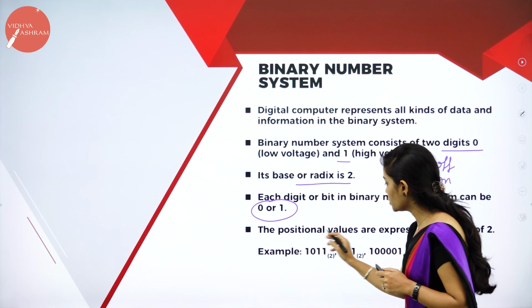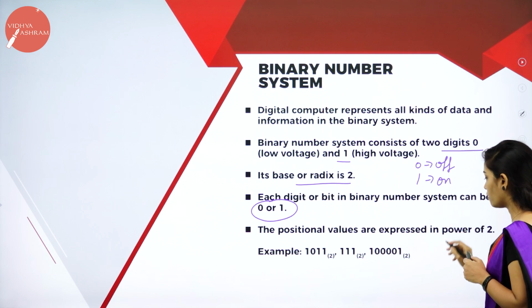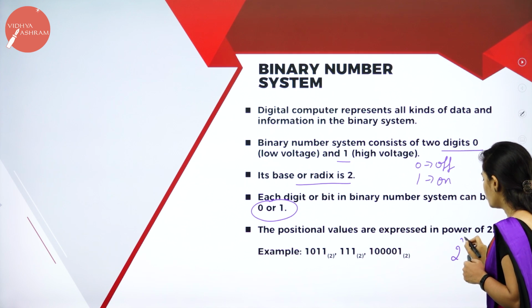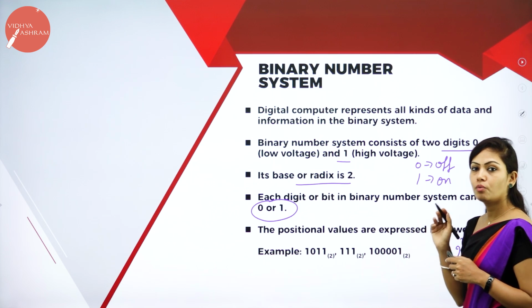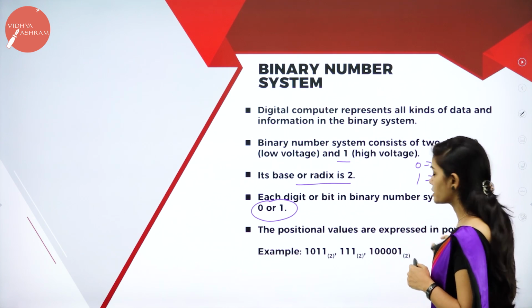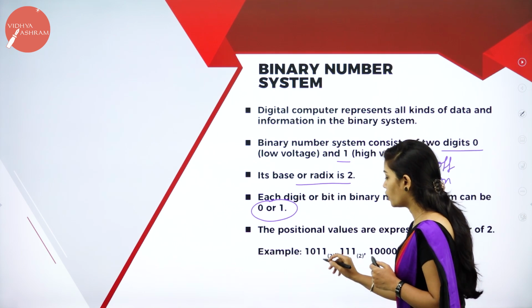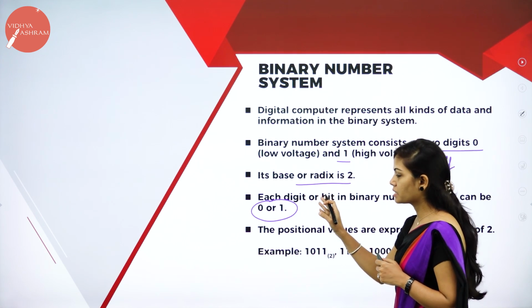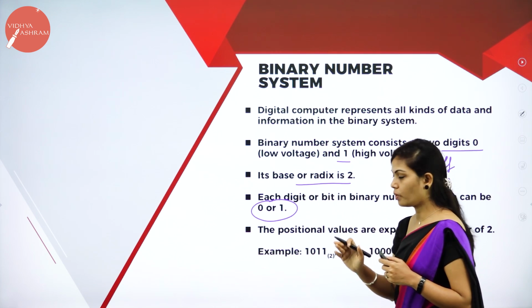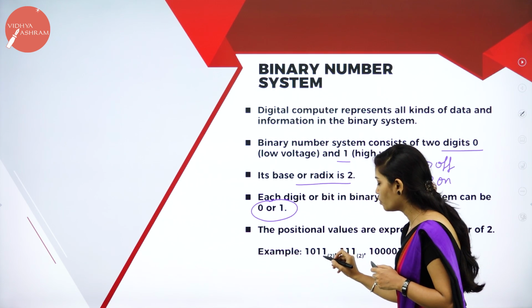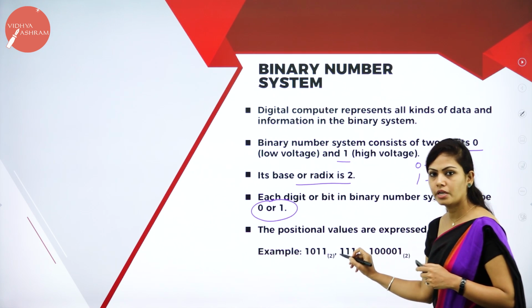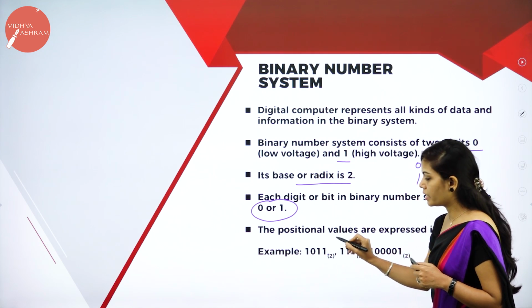And the positional values are expressed in power of 2, that is 2 power n. Example for binary number system, it represents only the digits 0 and 1. Example: 1011 to the base 2. Now we can call this a binary number.